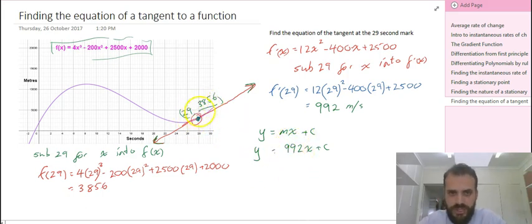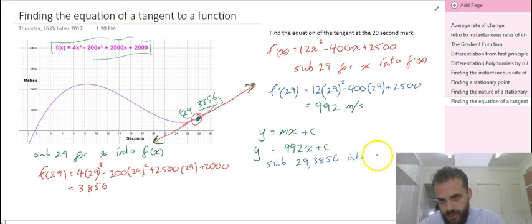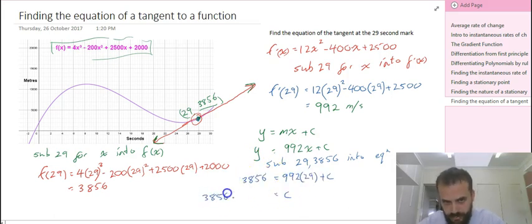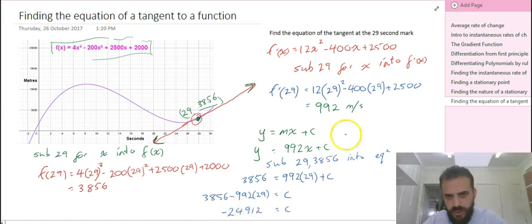So now that I know a single point on my line, I can sub (29, 3856) into this equation, y equals mx plus c. So negative 24912. So there's my c value.